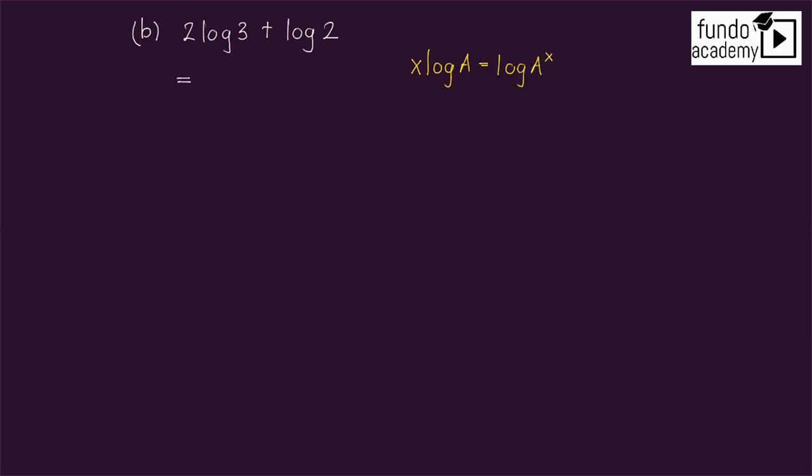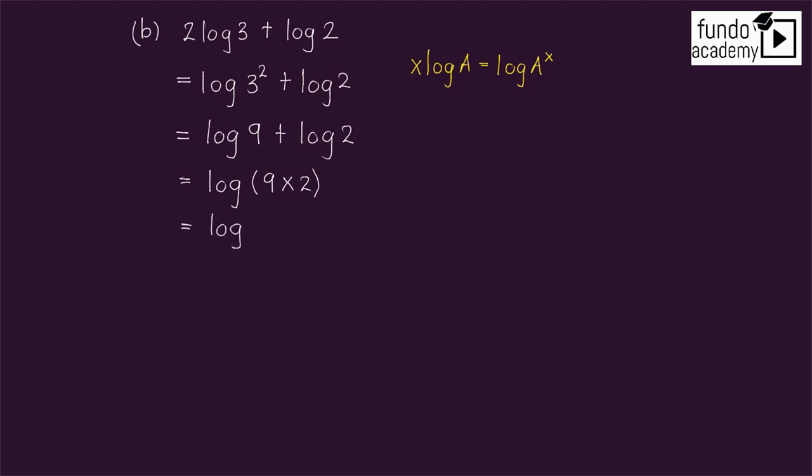So here we'll have log of 3 to the power of 2, plus log 2. And 3 squared is 9, so we have log 9 plus log 2. Using the first law, that's the same as log of 9 times 2, which gives us our solution as the logarithm of 18, and that's the solution to part B.